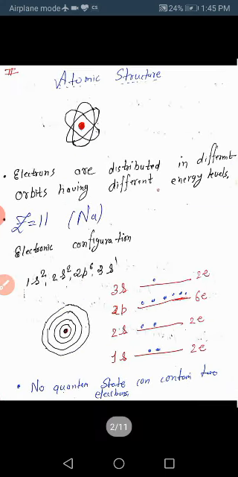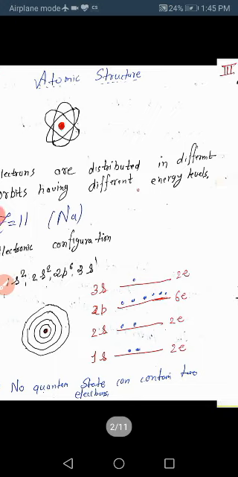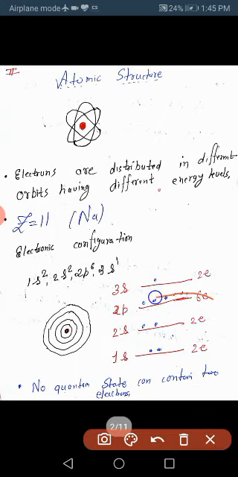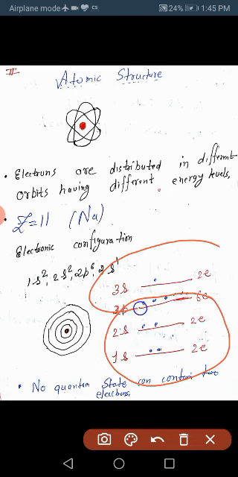This we have already discussed. The inner electrons are not affected much by these interactions, because most of the interaction is between the outer electrons, the electrons in the outermost orbit. The inner electrons also participate, but the effect is very little.